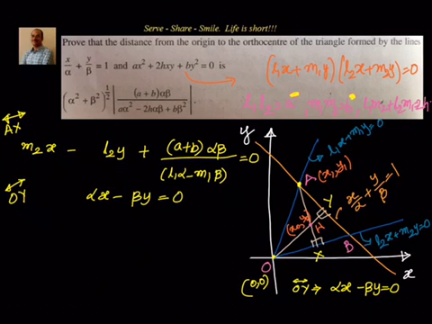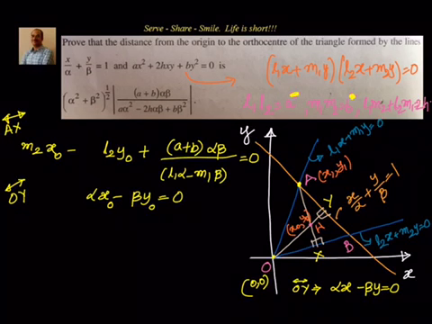Let's move. Now since x0, y0 satisfies both of them, I can put down x0 here, I can put down y0 here, and solve for x0 and y0. So let's do that.